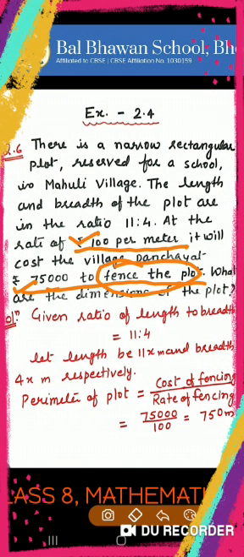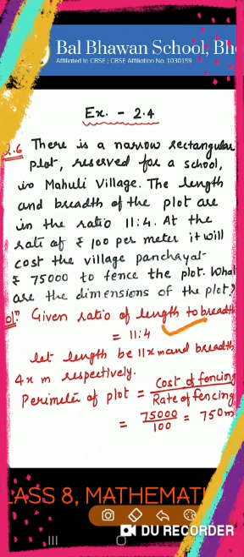Then what do we have to find out in this question, children? What are the dimensions of the plot? Dimensions means we have to find out the length and breadth of this plot. So let's solve this question. First of all, we will write down the given ratio of length to breadth, which is 11:4.